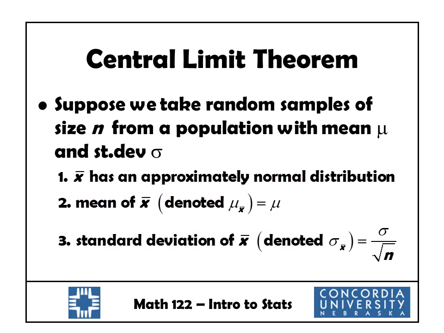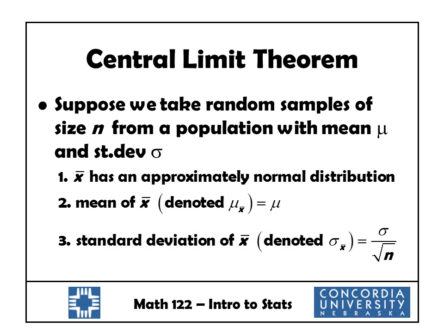Second, the mean of x bar, which is denoted by mu sub x bar, is equal to mu, the population mean. Third, the standard deviation of x bar, which is denoted by sigma sub x bar, is equal to sigma, the population standard deviation, divided by square root of n. So central limit theorem tells me my distribution of x bar, its mean, and its standard deviation.